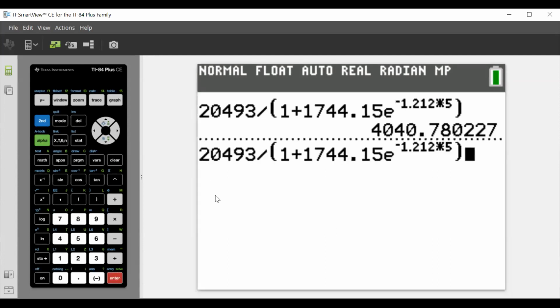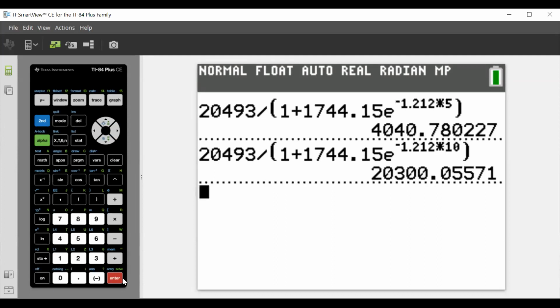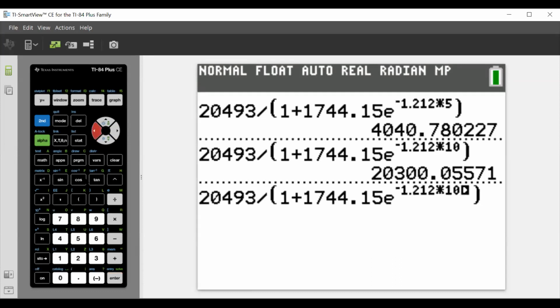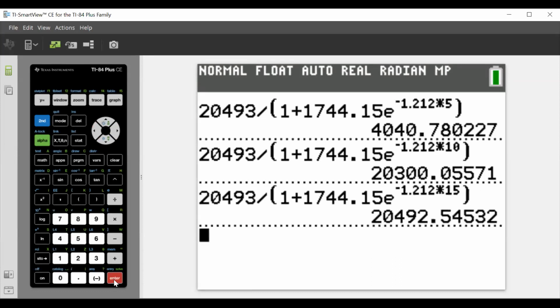Now what's the next one going to be? Now we have to use 10. So now that's going to be 20,300.06. Now we'll go to 15, and we get 2492.55, because that 5 is going to round it up.